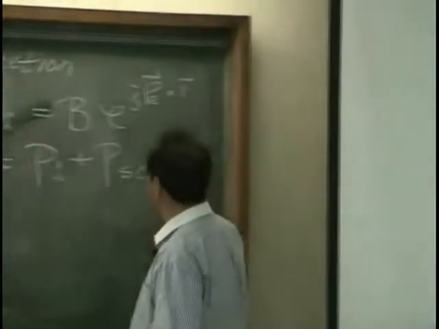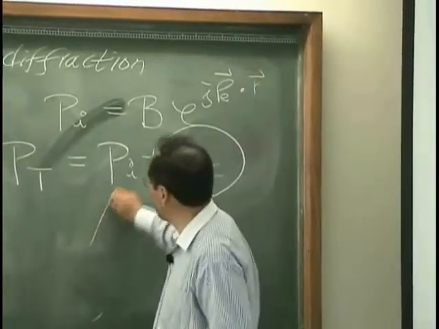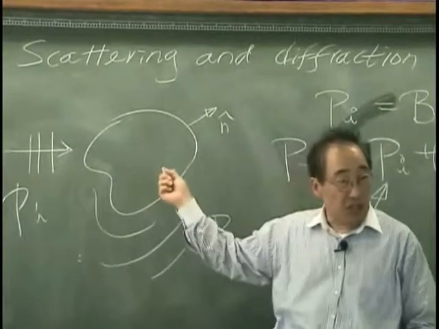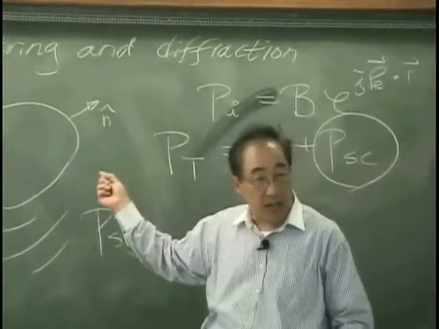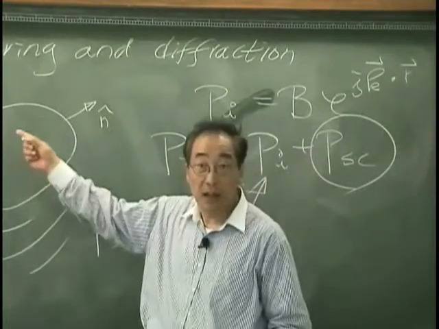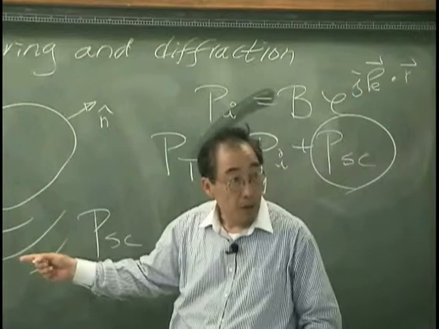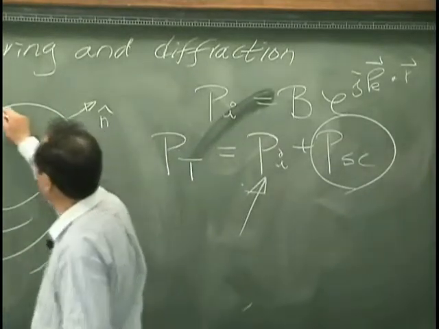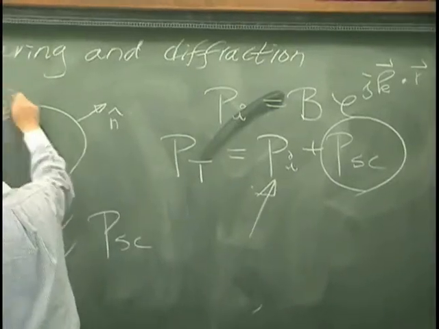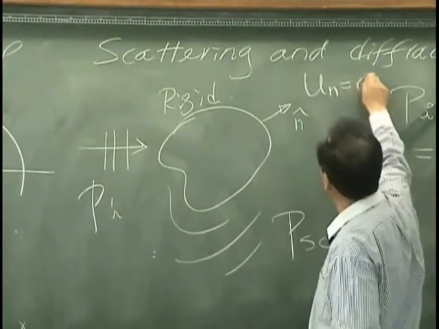And our objective is to find PSC for the given PI and the scatterer. The existence of a scatterer can be expressed as a spatially distributed impedance mismatch. Taking the special case, if this scatterer is rigid, that means normal velocity in this direction is 0.